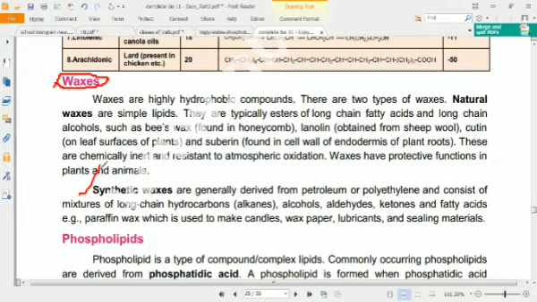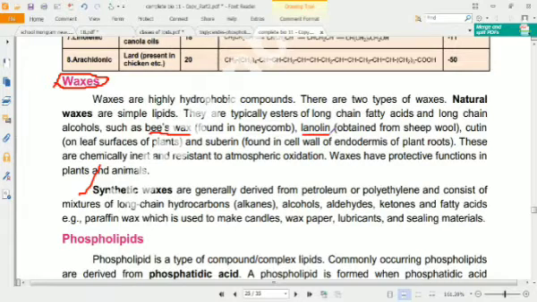Natural waxes we can get naturally from different natural things. For example, beeswax is found in the honeycomb. Bees do not just make honey, but they also make wax.